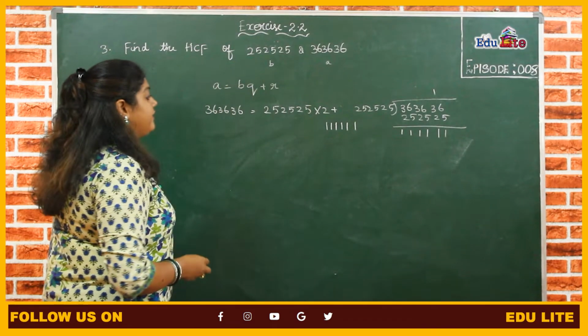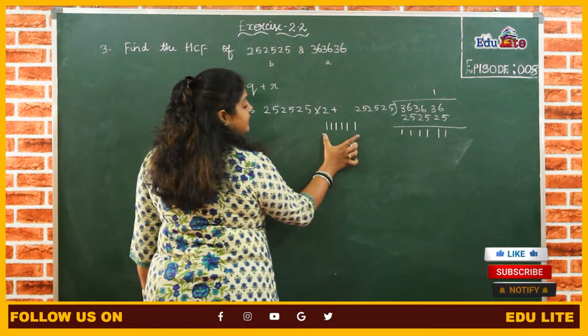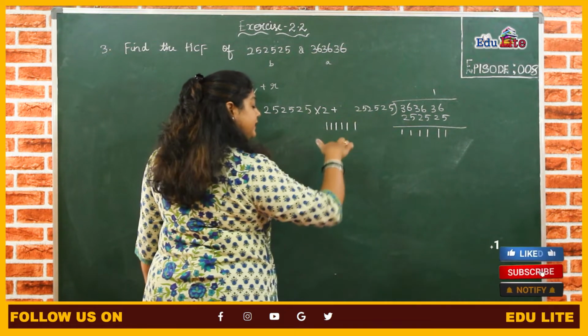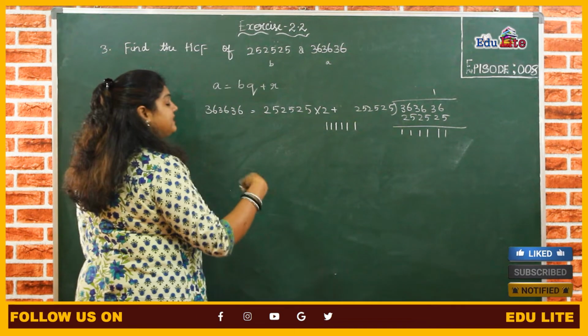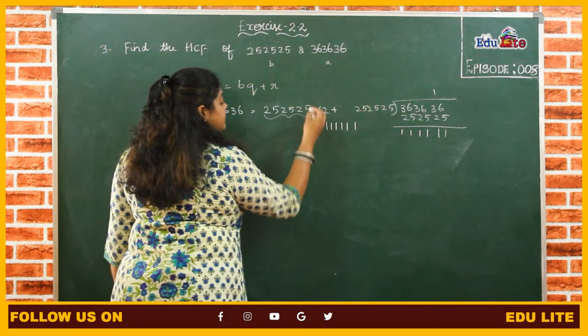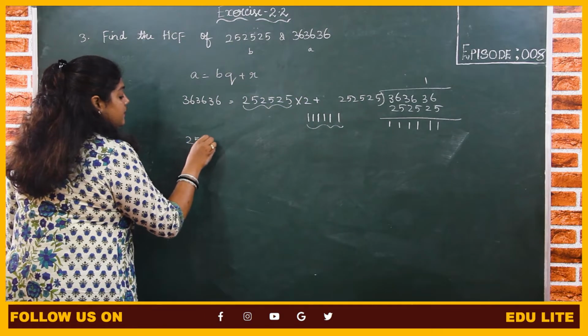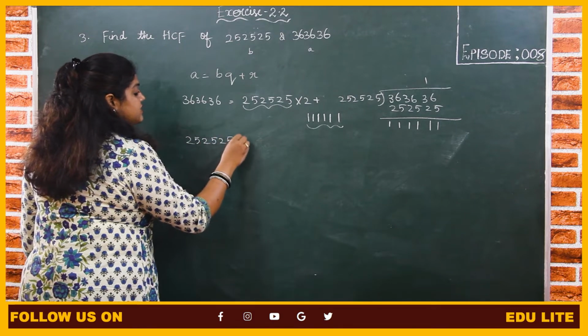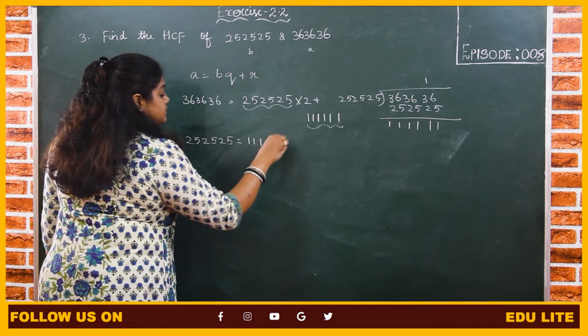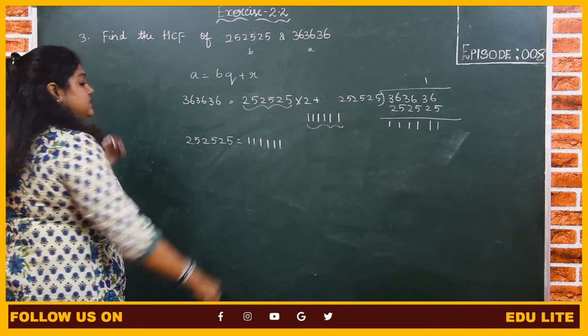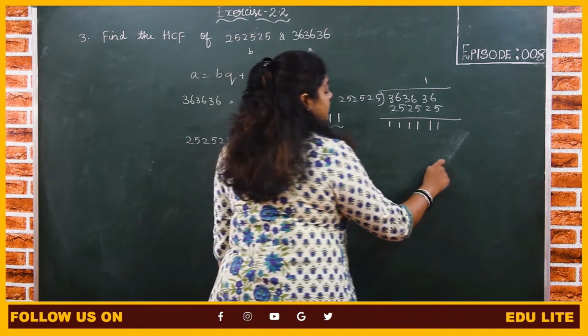Okay, so next, we haven't got the remainder as 0. We have to proceed with the procedure. So while proceeding, 25 will become the dividend and 11 will become the divisor. Now we have to divide this number by this number. Let us do it so.